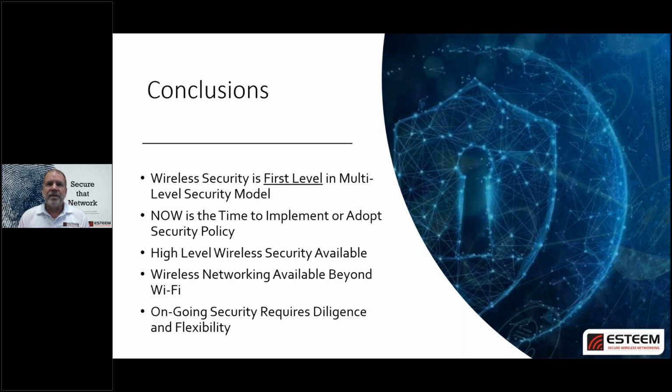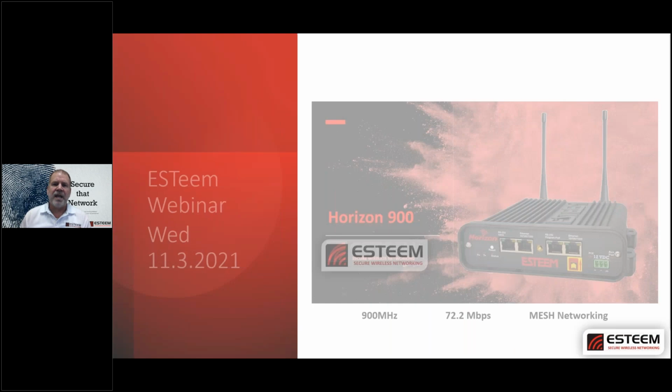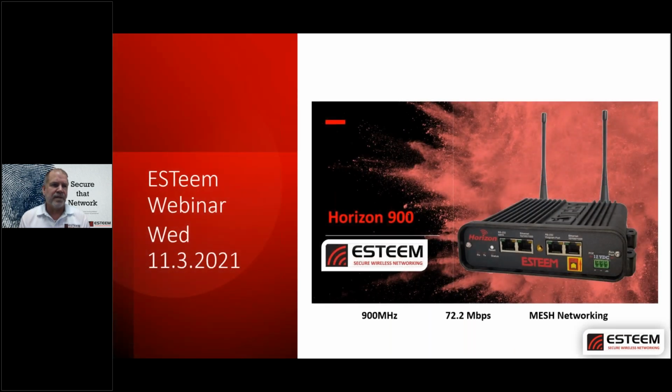I was also mentioning this Horizon 900 that we have, and we've mentioned it a few times in here. But in a couple of weeks, we're going to have a webinar specifically regarding the Horizon 900. This is a really unique radio. This was done directly due to you, the customer, in that what people were starting to see is that we need more speed, we need more capability, we need better architectures from 900 megahertz.